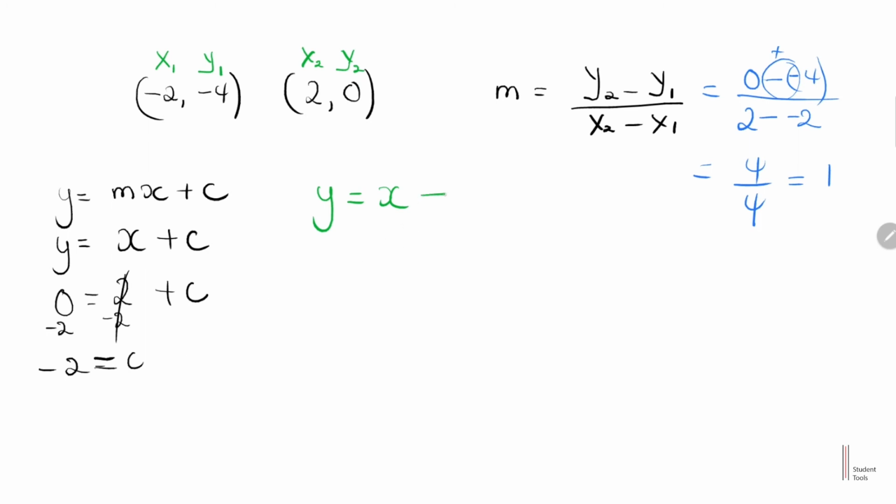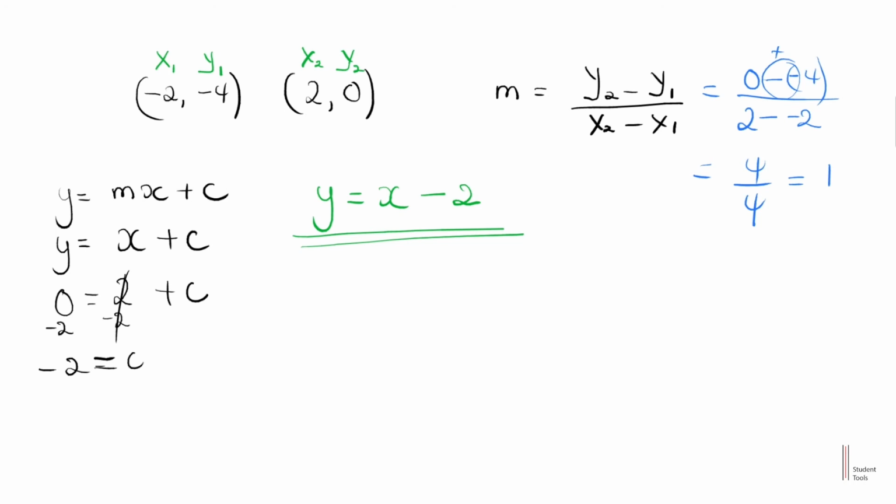So that means we'll have minus 2. So this is our equation. The equation of the straight line passing through these 2 points is y equals an x minus 2. And that is just how we do it for this question.